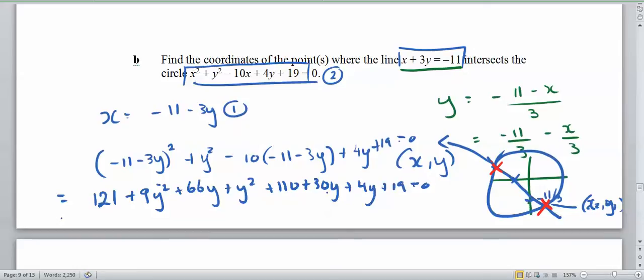Okay, let's collect our like terms. We've got 9y squared plus y squared is 10y squared. 66y plus 30y plus 4y is 100y.